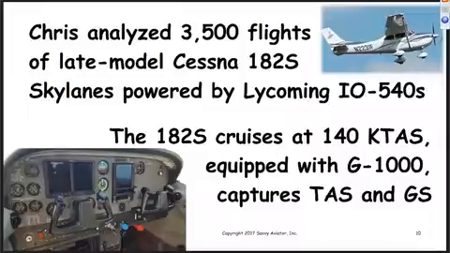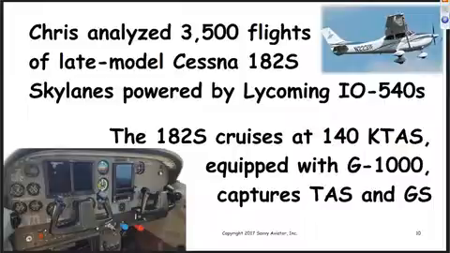And he picked this particular group of airplanes to study for two reasons. One is that they're relatively slow, and the slower the airplane, the more profound the effect of headwinds and tailwinds would be. But the other reason, probably the most important, was that this entire group of airplanes are all equipped with Garmin G1000 systems that capture lots of information, but in particular capture the two parameters we were really interested in, which was true airspeed and ground speed.